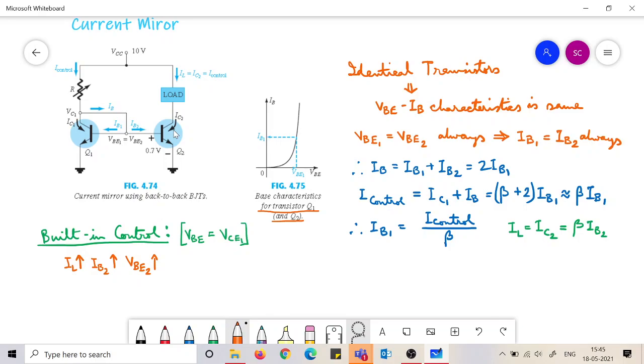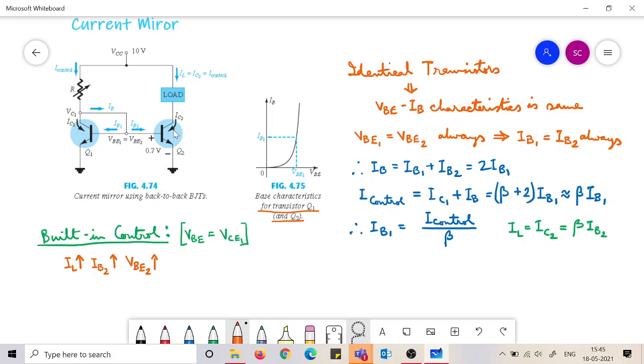Now this VBE2 is same as VCE1. Did you note this? I think you haven't noted this till now. This point is taken to this point by this connection. So VBE2, this potential with respect to ground, is same as this potential with respect to ground.